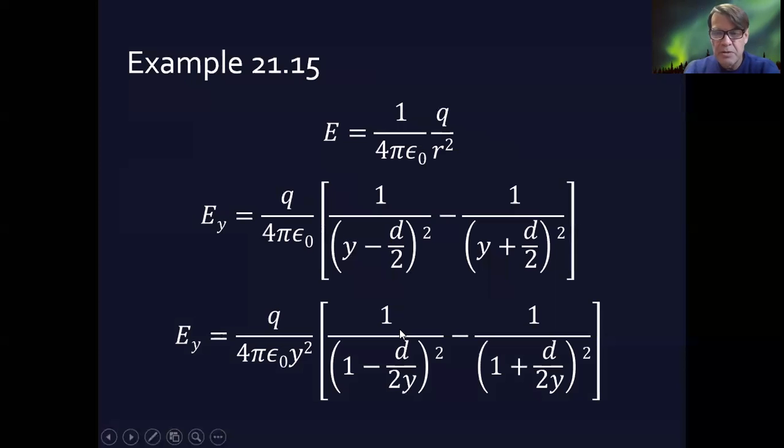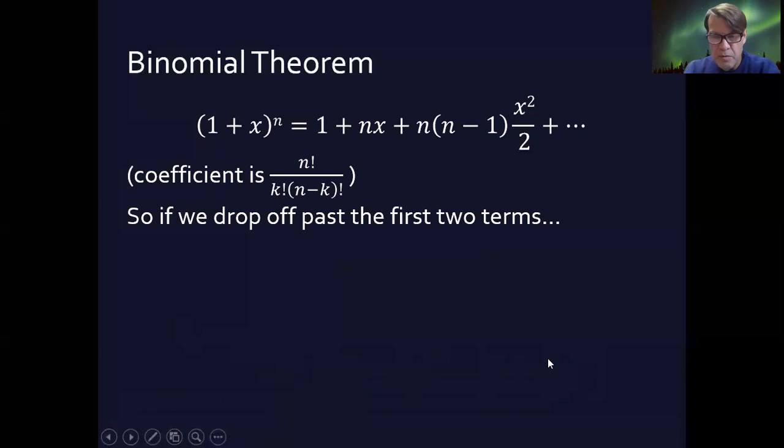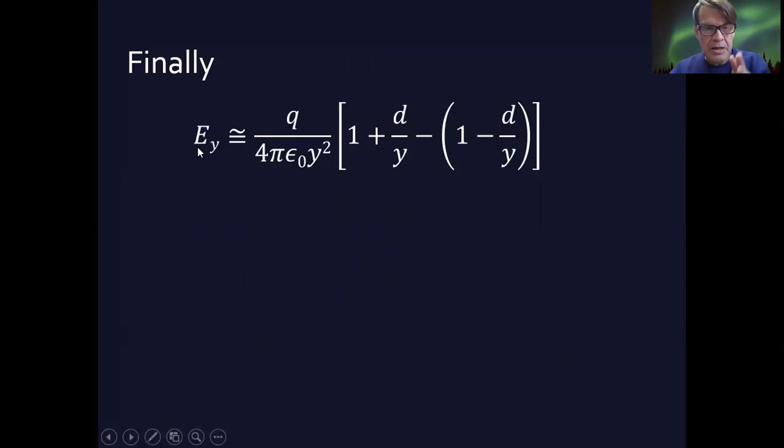When we plug in the particulars of this situation, this is going to become 1 minus d over y, and this is going to become 1 plus d over y, or vice versa. Actually, it's vice versa.